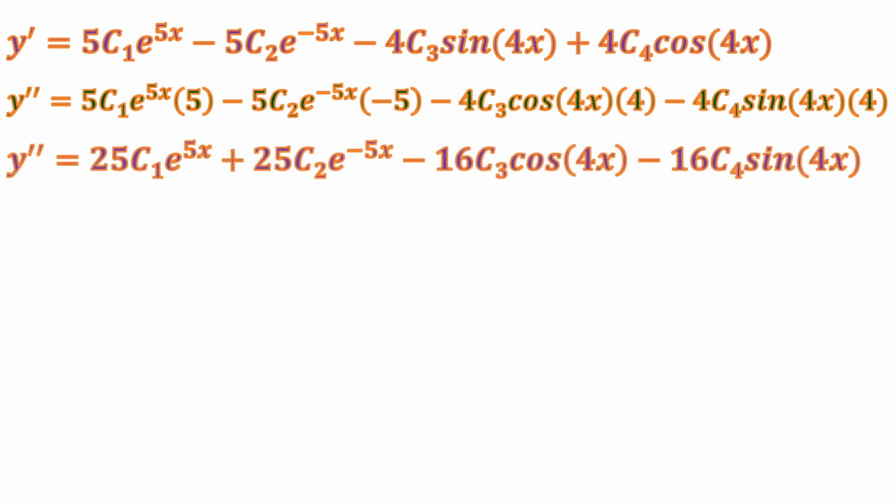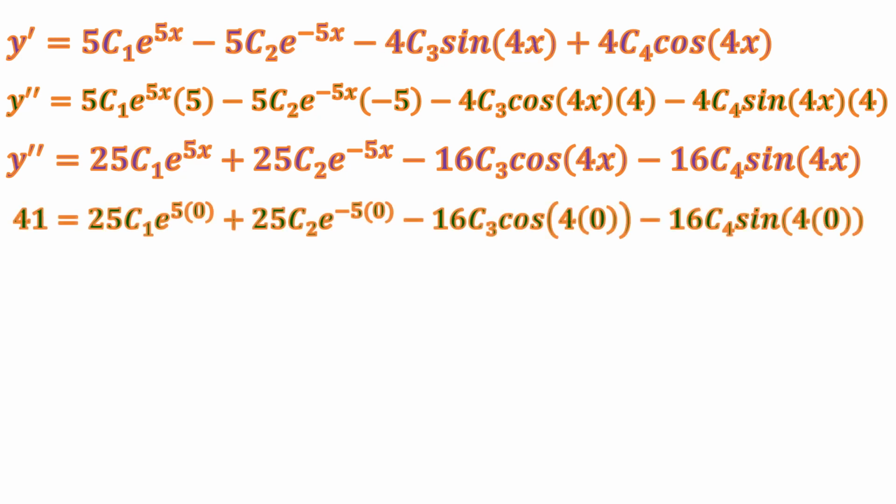And the times 5 that came out because of the chain rule, so we're going to multiply it. 5 times 5 is 25. Negative 5 times negative 5 is positive 25. 4 times negative 4 is negative 16. So that applies to both cosine and sine.